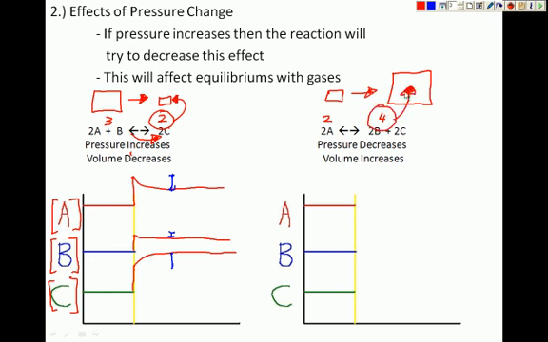And so therefore the reaction is going to move forward in order to make more B and more C, because that side has a higher amount of particles. First, since the pressure decreases and the volume is increasing, the amount of liters is increasing, and therefore everything is going to decrease in concentration.